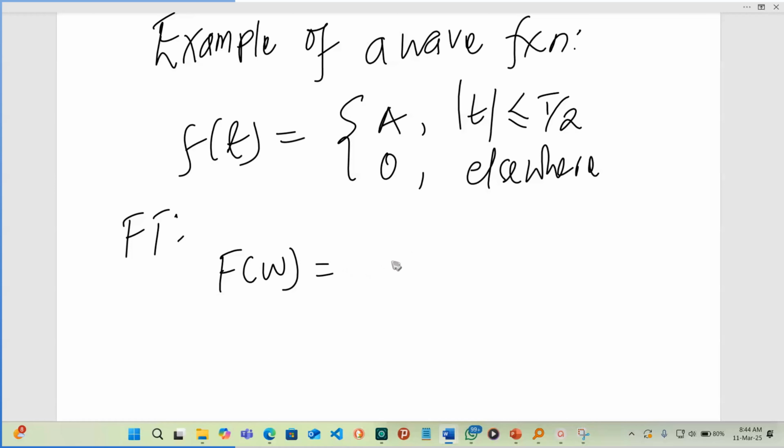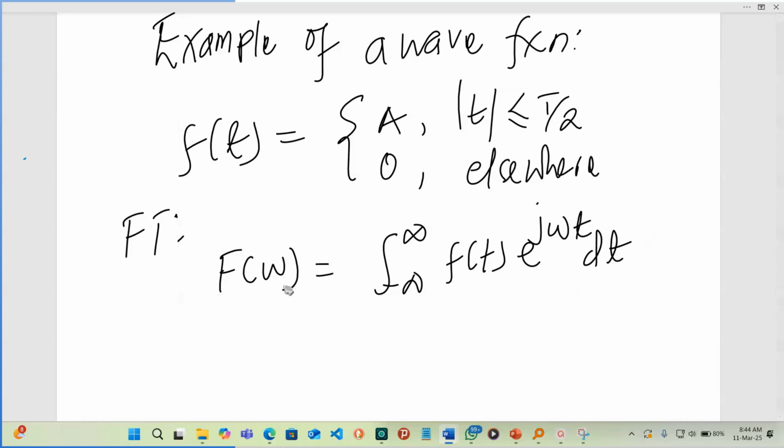So this is equal to integrating from negative infinity to infinity of f of t exponential of negative j omega t with respect to t. Now let's proceed and put in our function f of t.